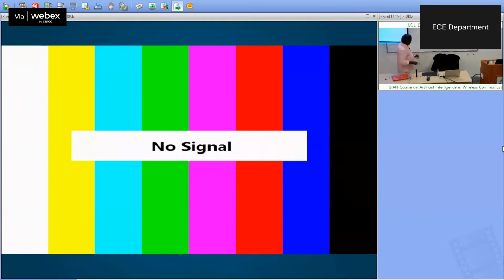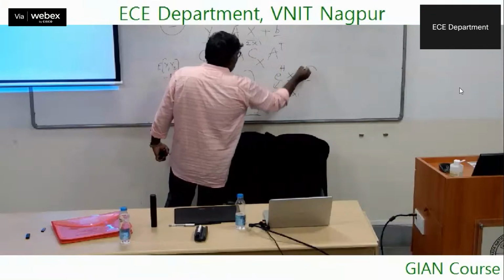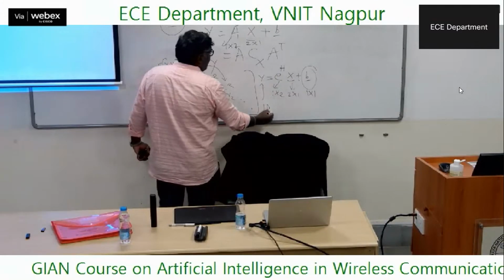So the point here is, though I have written A as a matrix, now it is actually a vector, right? So it is like this. This is of size 1 cross 2. This is of size 2 cross 1. B anyhow is basically 1D.